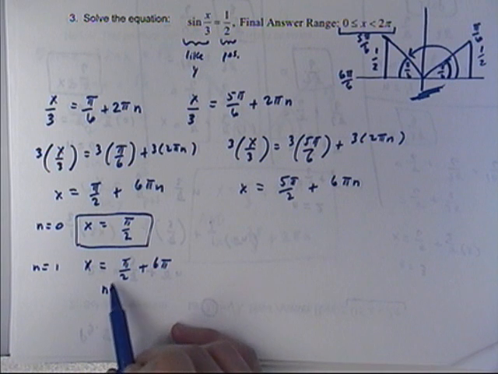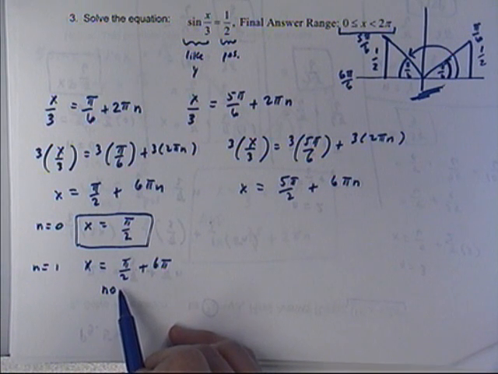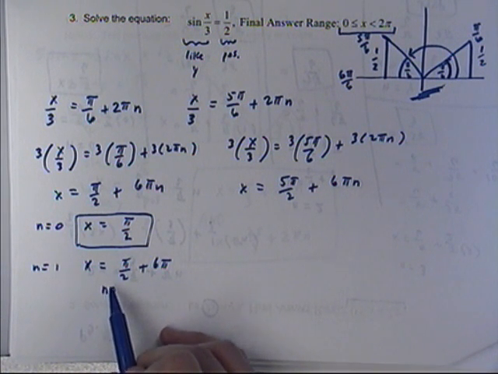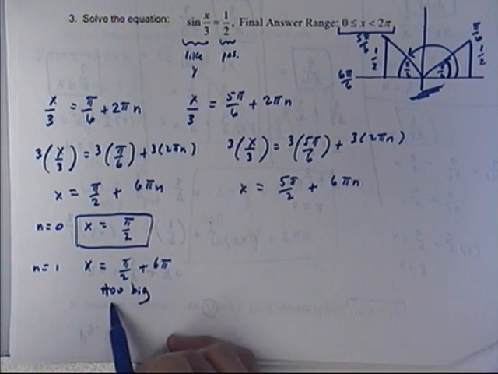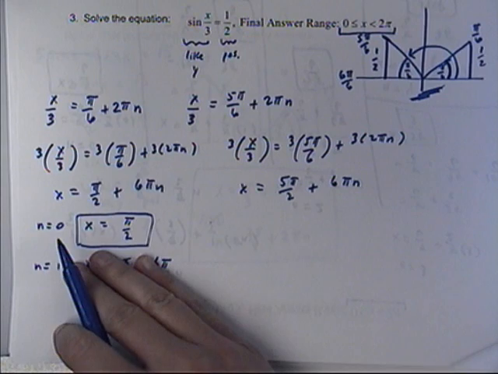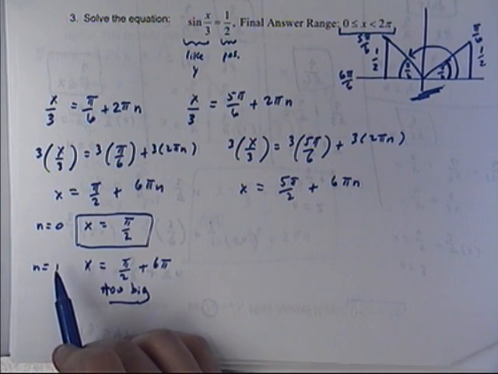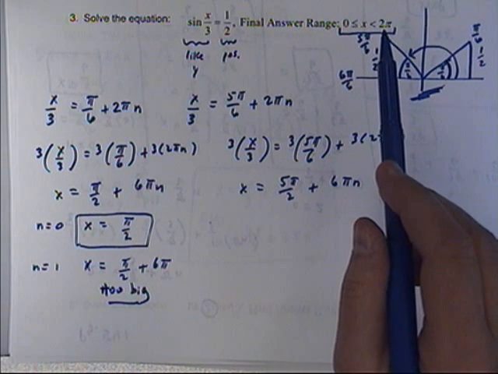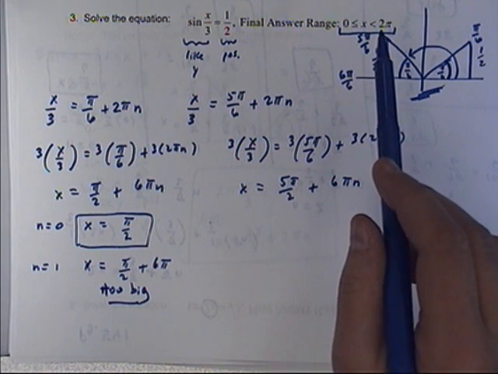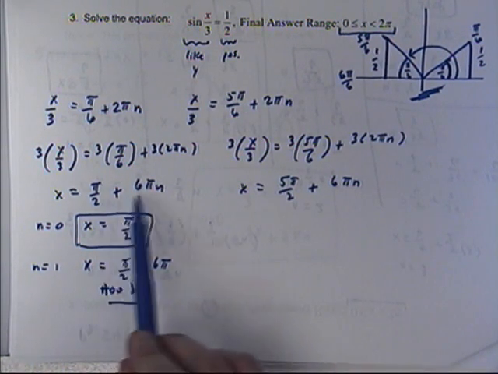That's too big, so that's not an answer. So anything larger than n equals 0 is outside the interval of our answers, so we can't give it. All right, so that's the only answer that comes from this statement.